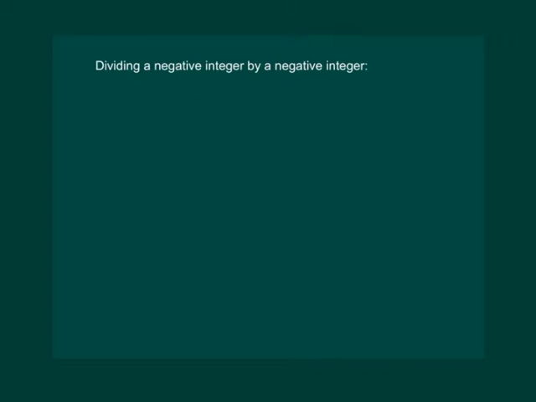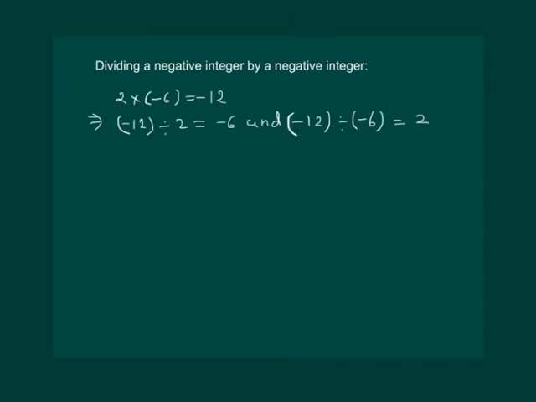What happens when we divide a negative integer by a negative integer? We know that 2 into minus 6 is minus 12. That would mean minus 12 divided by 2 is minus 6, and minus 12 divided by minus 6 is 2. So this time let us consider the second part. Actually what we are doing is minus 12 divided by minus 6 is giving us 2.